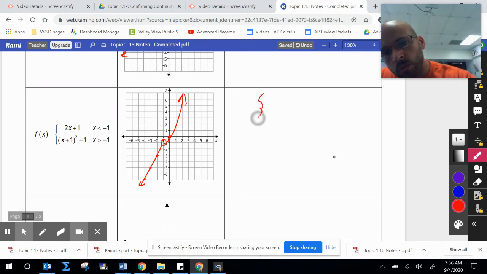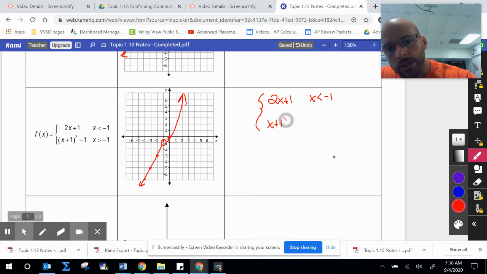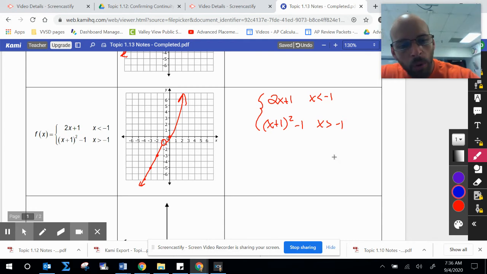So I am going to write this function to be 2x plus 1, where x is less than -1. I'm going to say I have (x plus 1) squared minus 1, where x is greater than -1. And if you want, you can put in that point.